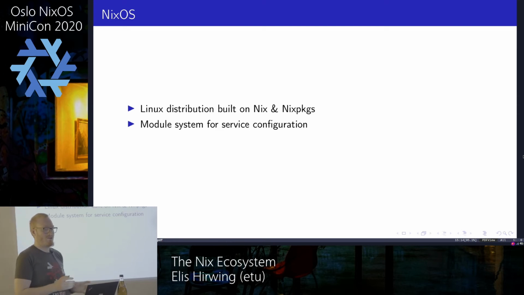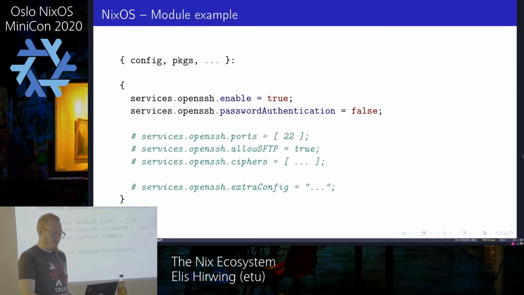Because if you just use Nix on Ubuntu, you can install packages, but you're not very interested in the full configuration of OpenSSH, because that's quite out of context for just a package manager that delivers binaries. So NixOS has wrappers to create systemd services and to create the configuration files, etc., for all sorts of services there is.